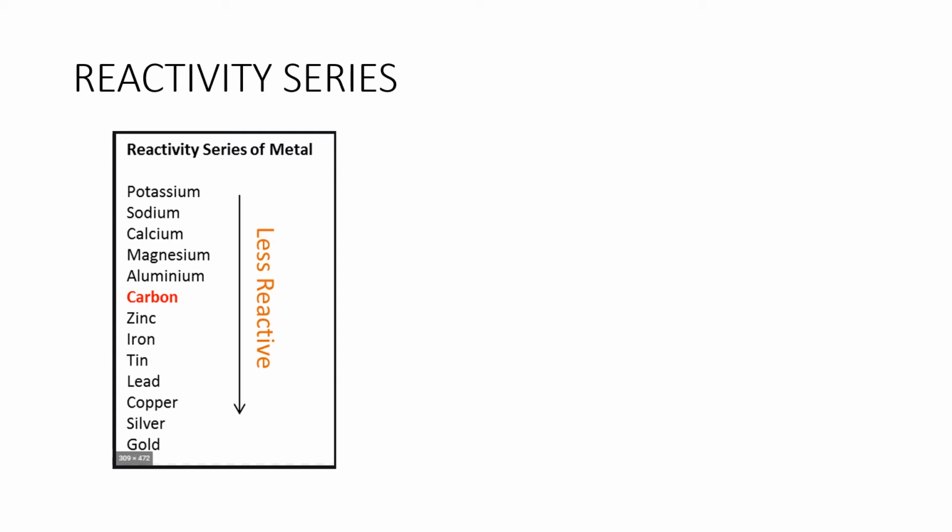So the most reactive here is potassium, followed by sodium Na, followed by calcium Ca, and then magnesium, aluminum, carbon and zinc, iron, tin, lead Pb, copper Cu, silver, and gold here.